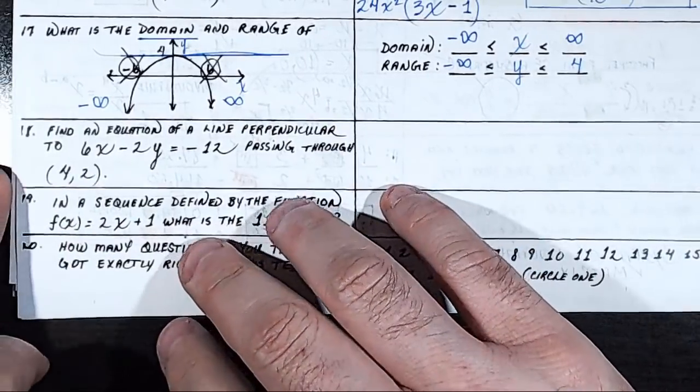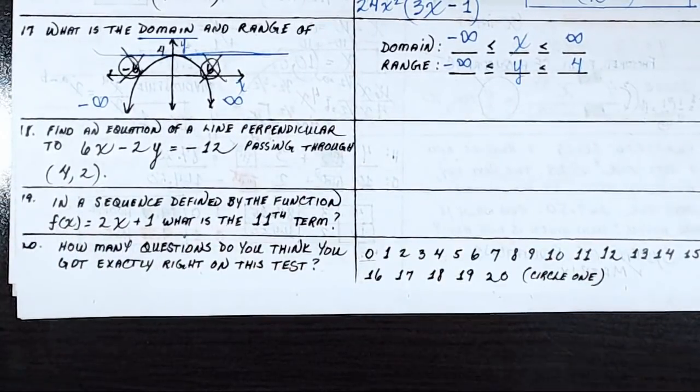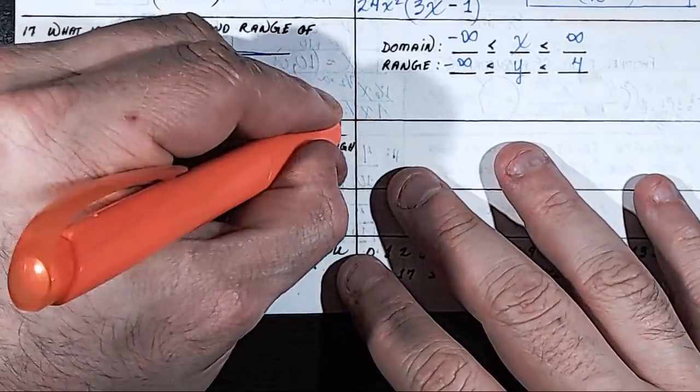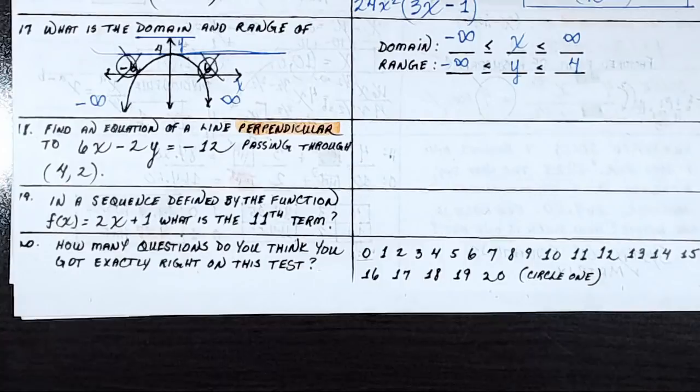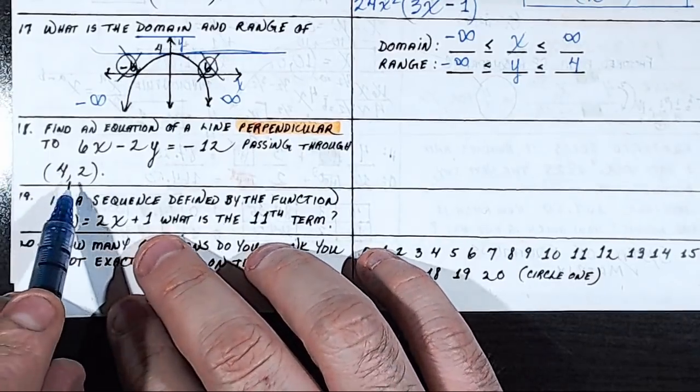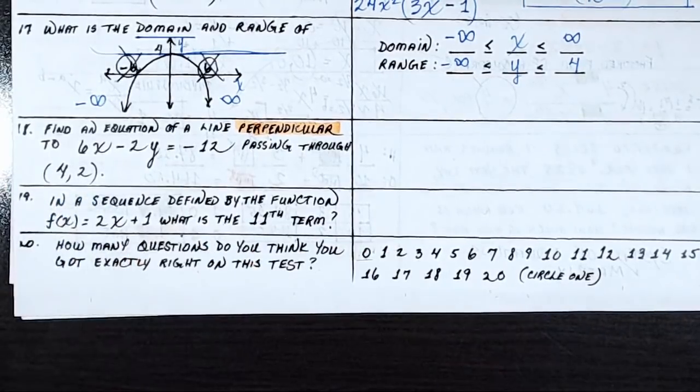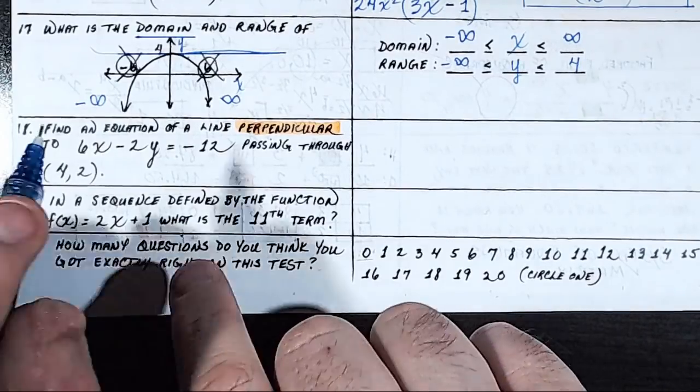So the first thing I want to do is highlight the word perpendicular, because I'm going to do some work here just to get this out of standard form into slope-intercept form so I can identify what the slope is of the original line. And then I'm going to have to find the negative reciprocal slope, and then I'm going to have to use the point slope formula to find the perpendicular line passing through that point.